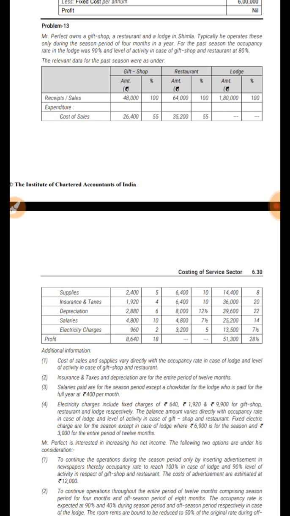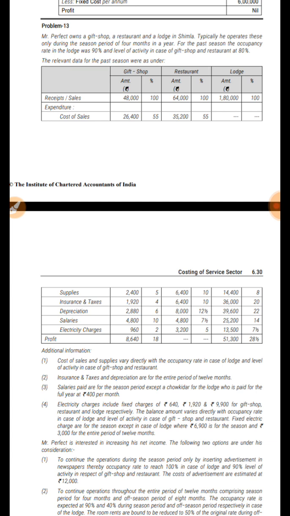So the relevant data for the past season were as under: gift shop, restaurant and lodge. Receipts and sales 48,000. Respective percentages are given. 100. Then restaurant 64,000, 100%. Then lodge 1,80,000, 100%. Expenditure, this 100% doesn't mean that it is operating at 100% capacity.